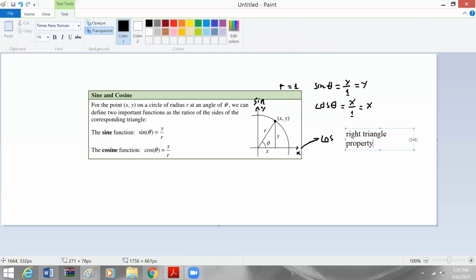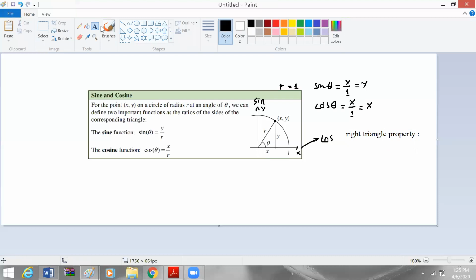So apparently we can literally see we have x squared plus y squared equal to r squared. Well, we know that r equals 1 for the unit circle, meaning that x squared plus y squared equals 1.